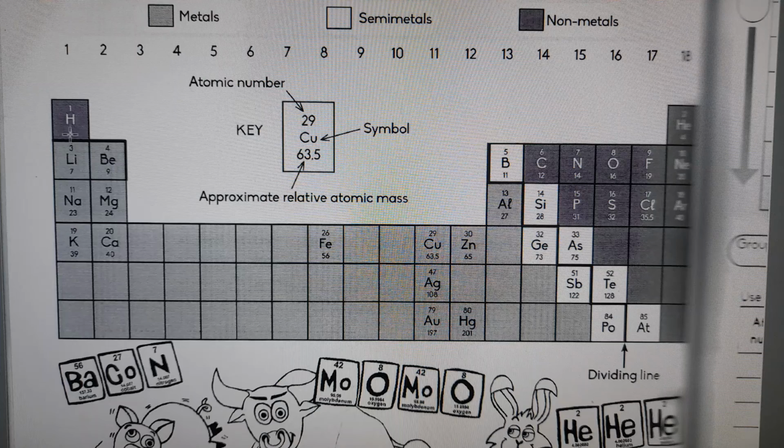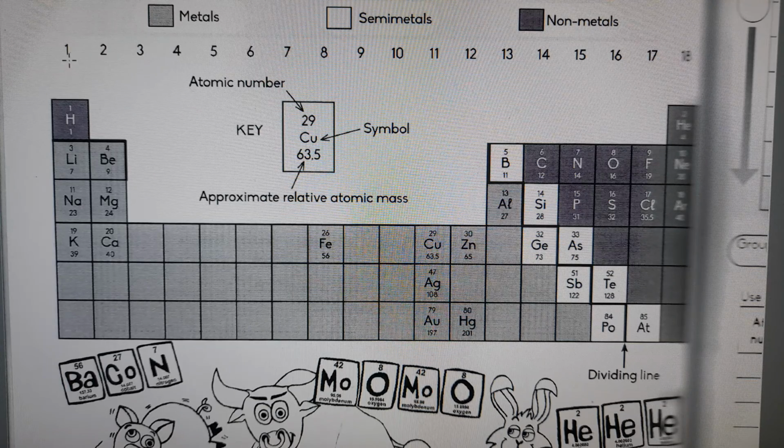The mass is the bottom number, so the smaller one will be on the left. So it's 1. As we go to the other side, helium, I can't see the mass of helium, but it looks like 4. For lithium, it is 7. For beryllium, the mass is 9. So you see, as we go to the right, the mass increases.